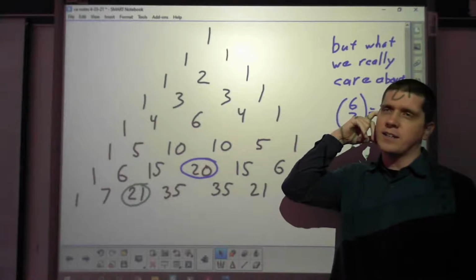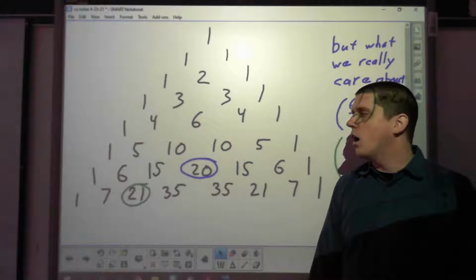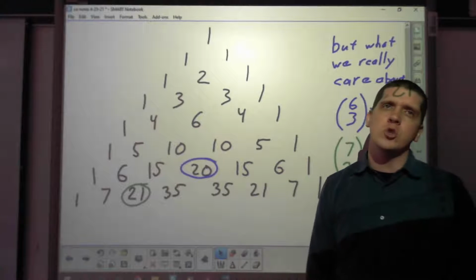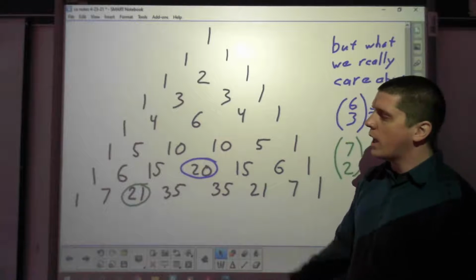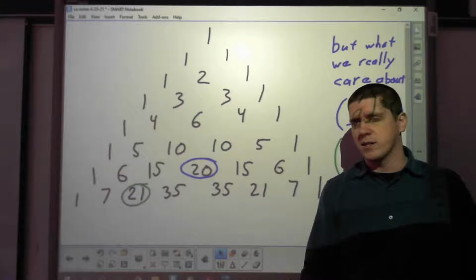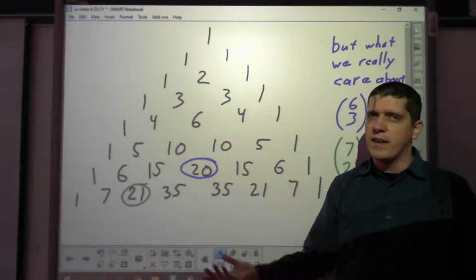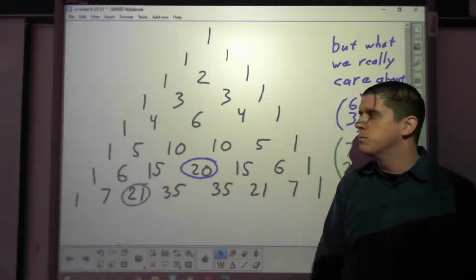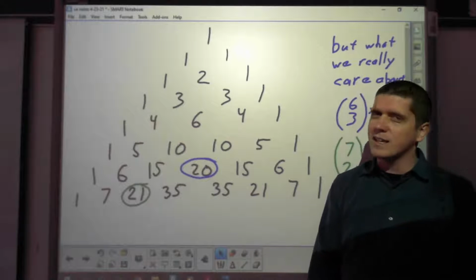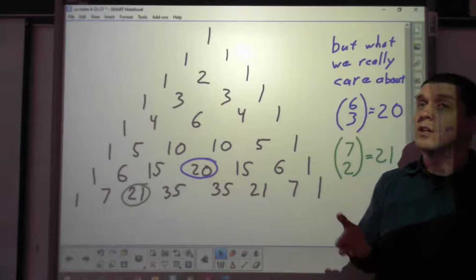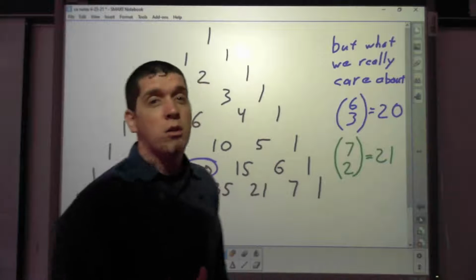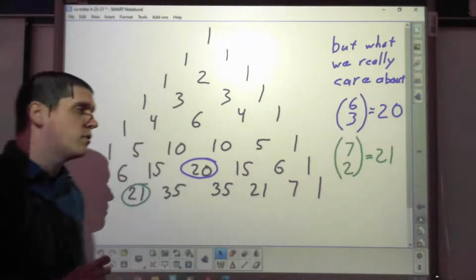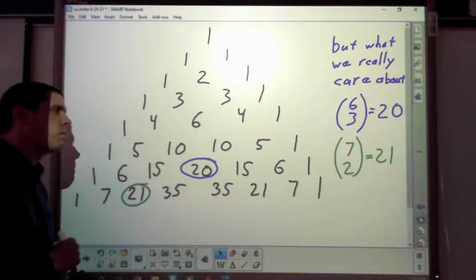If I want to find, I don't know, 20 choose 7, well, I don't want to have to write out 20 rows of Pascal's triangle and then count to get where I want to get to. So the formula is still needed, but this can help us with some of those smaller combinations, and we'll see what we can do with it in just a second here.